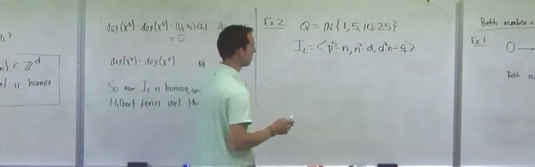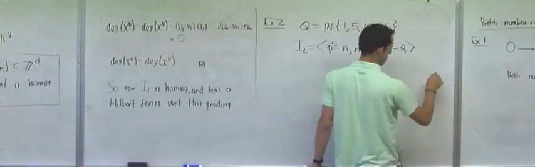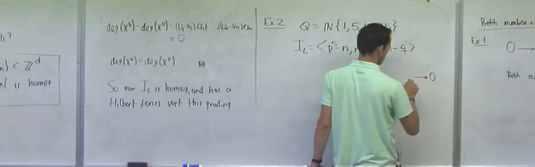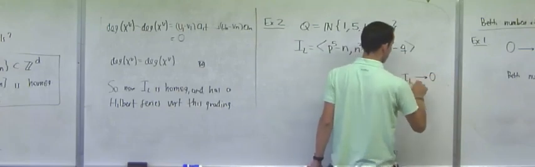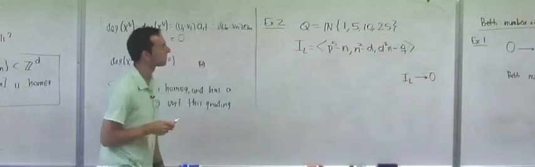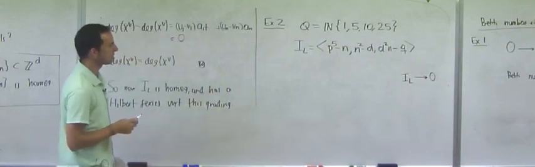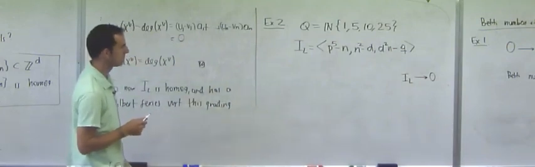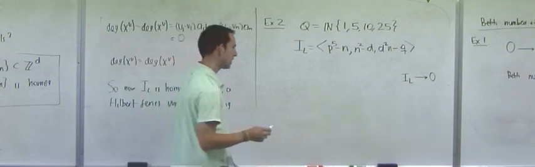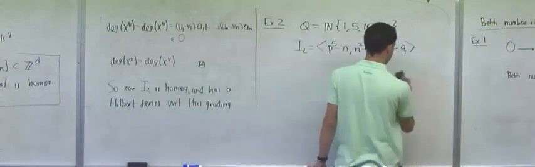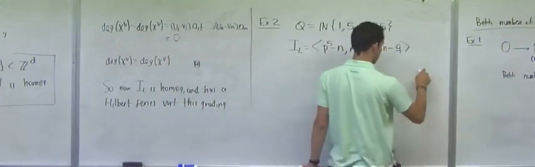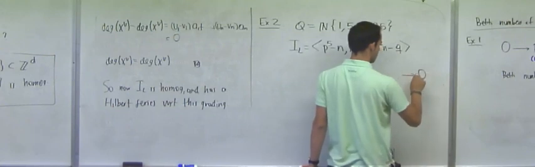Okay? So let's try to figure out what the free resolution of this thing is. Okay? Well, now this is going to be a more interesting example. We can get started, right? So we can say, okay, well, at least I know what the first step is, right?